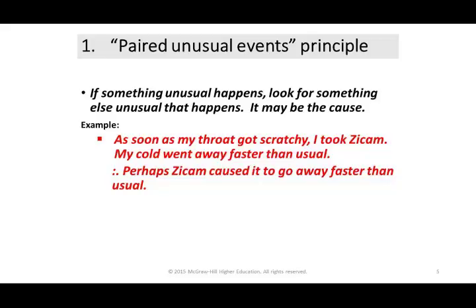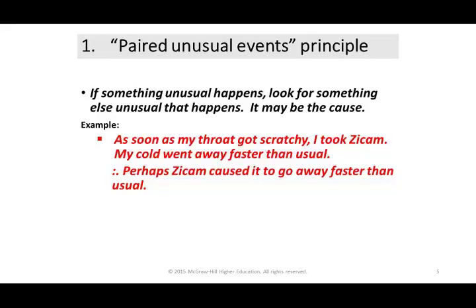So here's an example. As soon as my throat got scratchy, it got itchy, I took Zicam. My cold went away faster than usual. Maybe, perhaps, Zicam caused it to go away. Now, here's what we're noticing. I took Zicam, I had an itchy throat, I took Zicam, my cold went away quick. Okay?